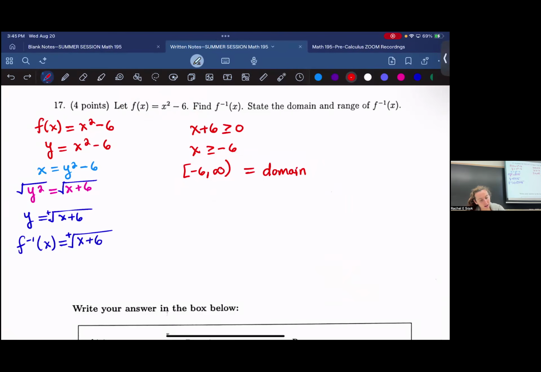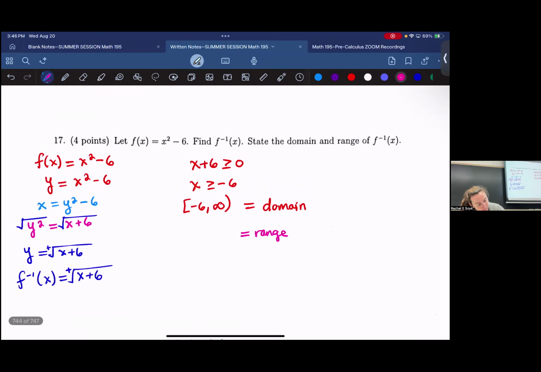Okay, so now let's find the domain of x squared minus 6. And what's the domain of that? It's just all real numbers, right? I'll graph it here.